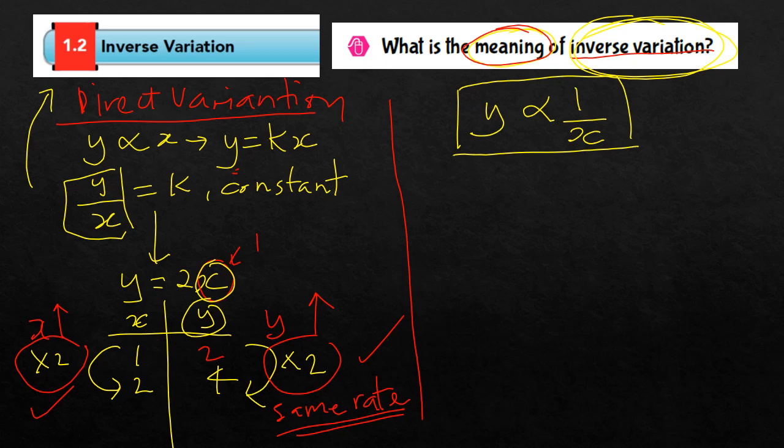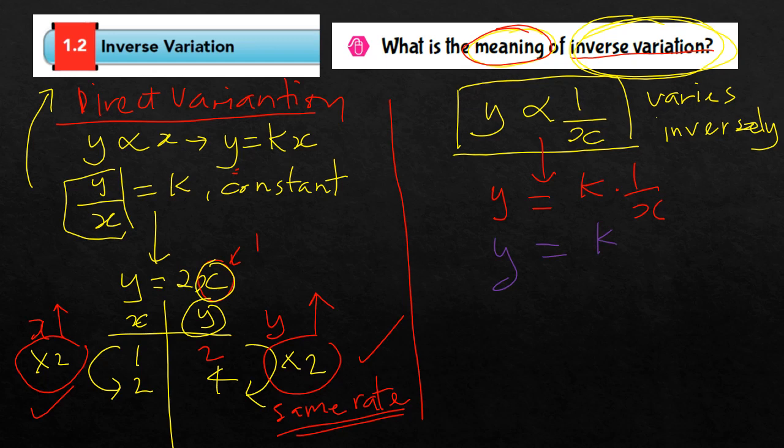Y varies inversely as x. So you have to write 1 over x. Okay? Then you can change into equation form, y equals k times 1 over x. It is actually y equals k over x.